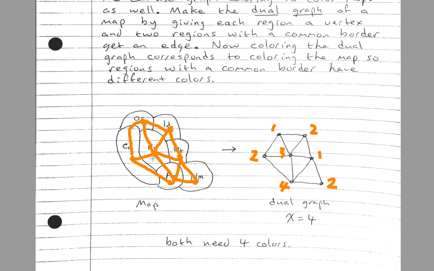And for the original map, you can use these 4 colors to color it in. We looked briefly at the 4-color theorem: for any map, you need at most 4 colors, so this is the maximum.